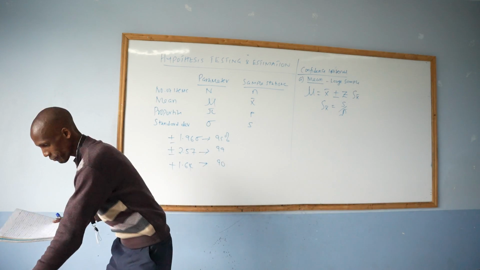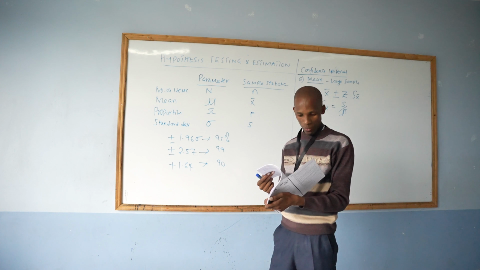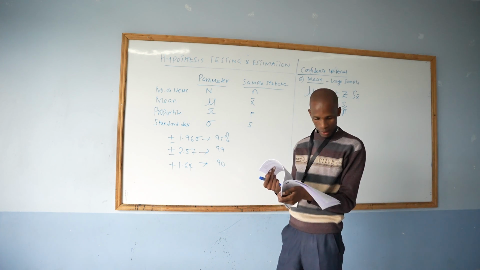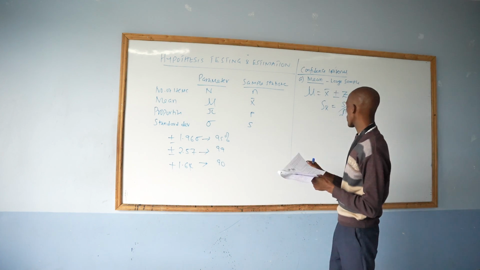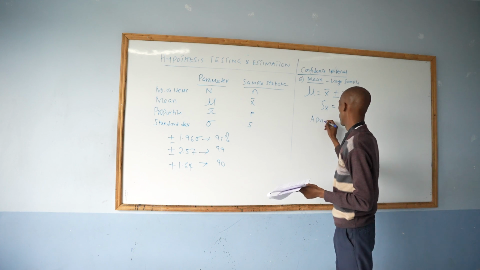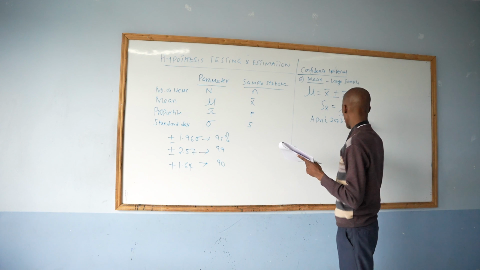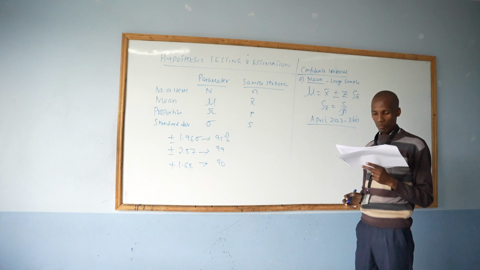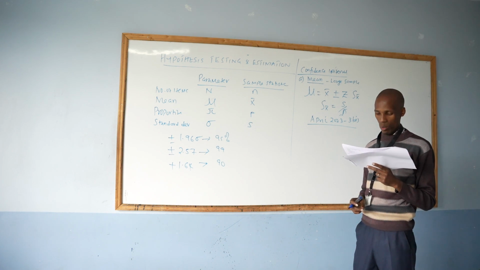For instance, there is a question here I would like to tackle. They were asking the confidence interval for a large sample. This is April 2023, question number 3, B1. They are asking, the monthly rate paid by residents of Houston is found to be normally distributed with a mean given there and standard deviation.